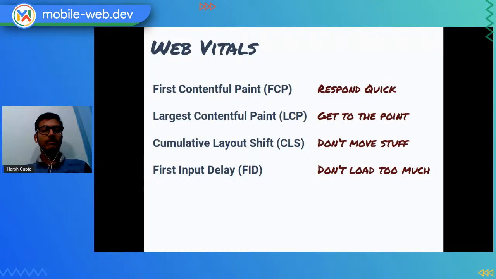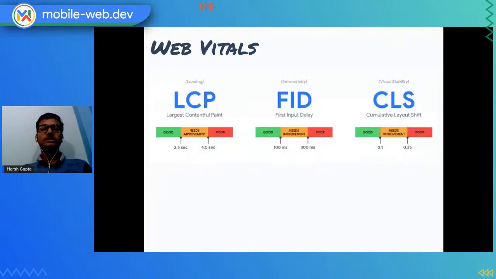And FID, the first input delay, says don't load too much, because the user wants to interact with your website if it looks ready. So these are the web vitals: LCP, FID, and CLS. Google has prescribed these web vitals and gives some ratings and timings.